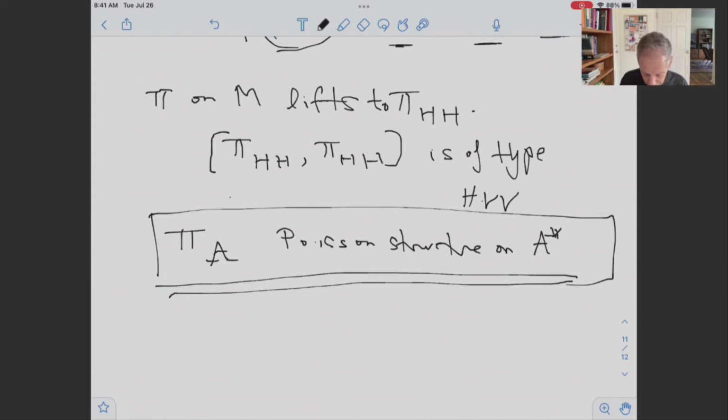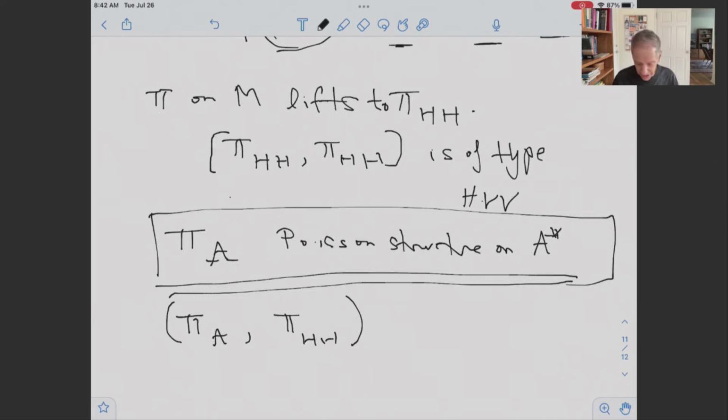And again, so now the idea of Cabrera was, first of all, to look at the pair given by the natural Poisson structure on the dual of a Lie algebroid and the horizontal lift of a Poisson structure on the base. And we can ask for such a pair of Poisson structures, or in this case, where pi HH might just be a bivector field, we can ask that their sum be a Poisson structure, or we could ask that their Schouten bracket be zero.